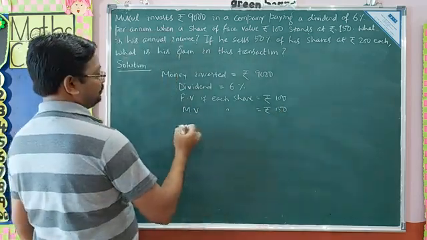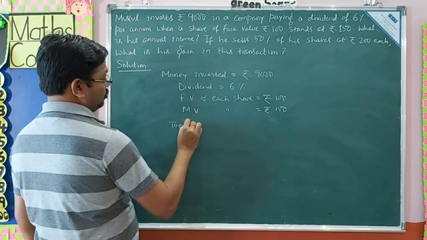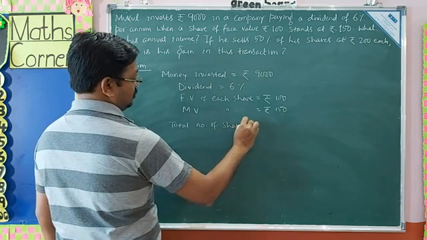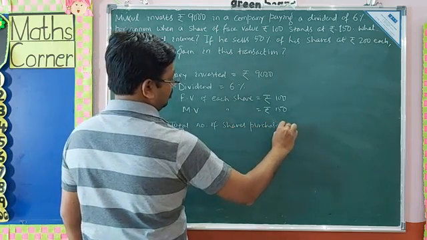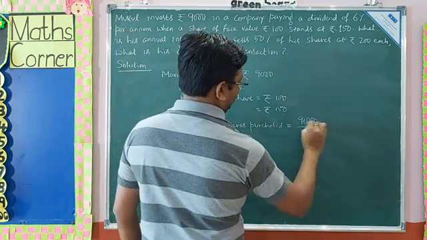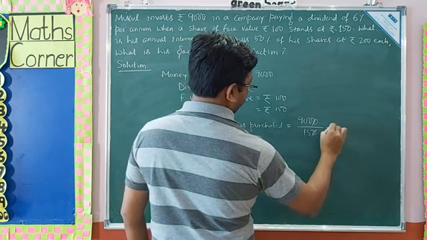So now first we will find out total number of shares purchased is equal to 9,000 divided by 150, and that is equal to 60.